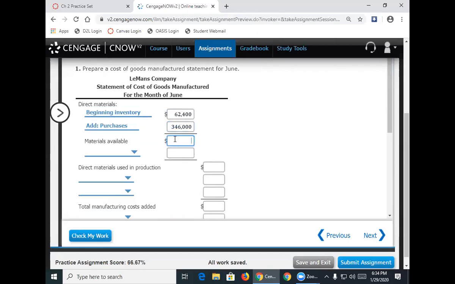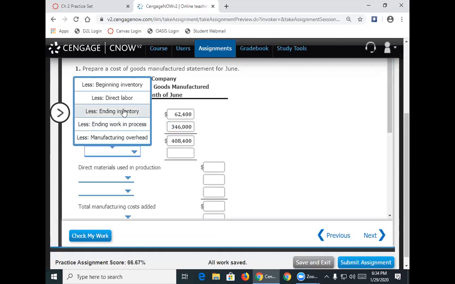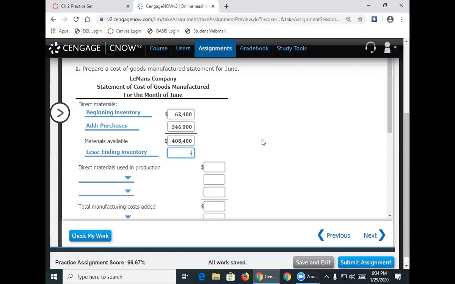So materials available are 408,400. We then subtracted out our ending balance, less ending inventory. And that gave us materials used in production, 345,400.